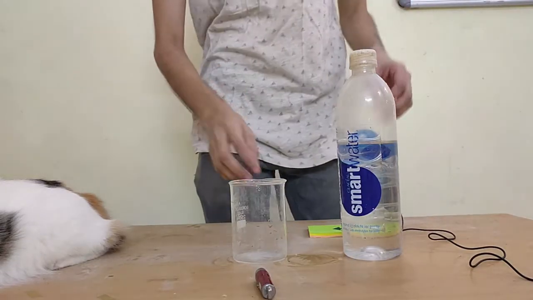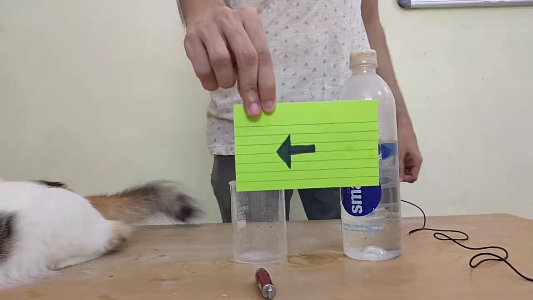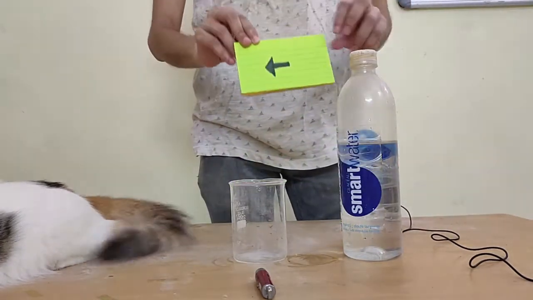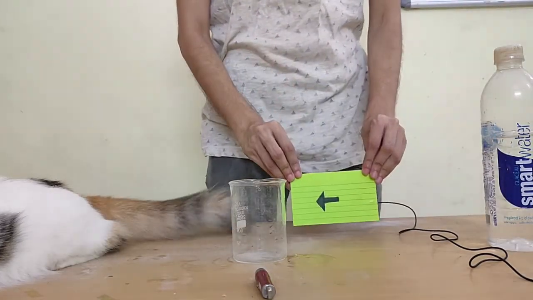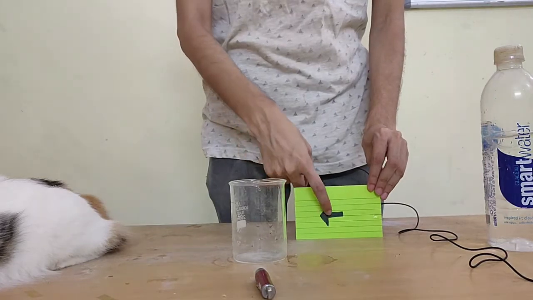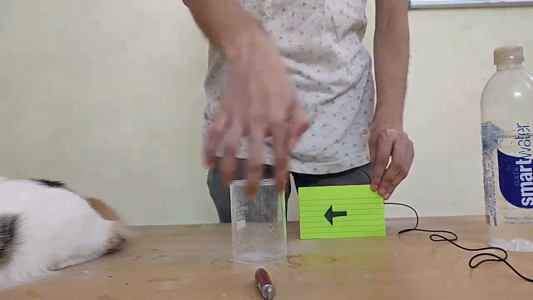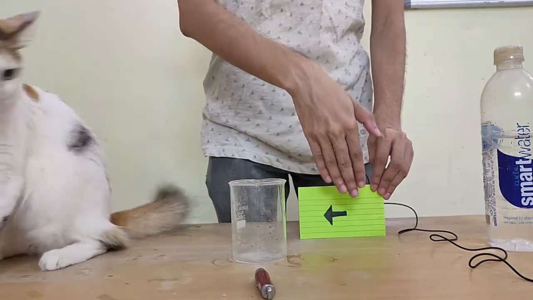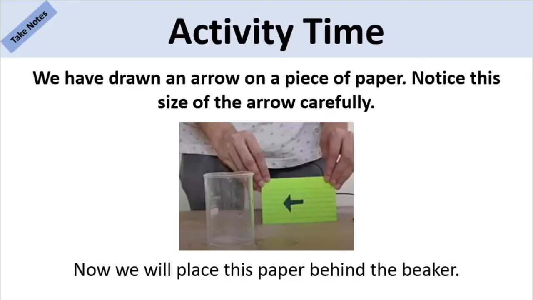Alright, so now what I want you to do is, take a look at this arrow carefully. Look at the size of this arrow. Put the bottle aside. Now keep looking at the arrow and notice if there is any difference in the arrow once it passes from here till the back of this beaker.